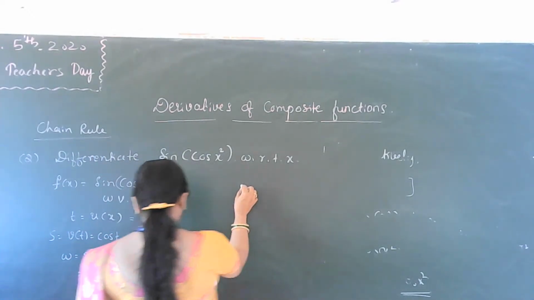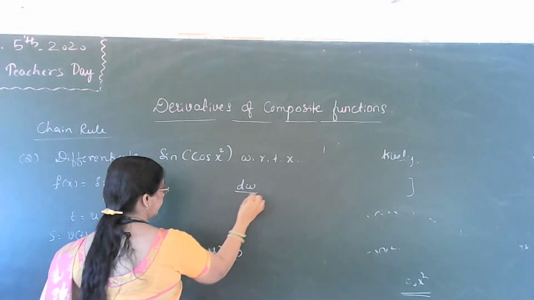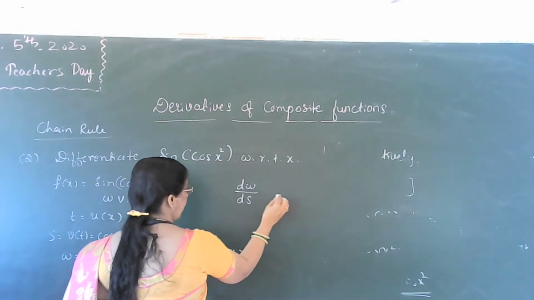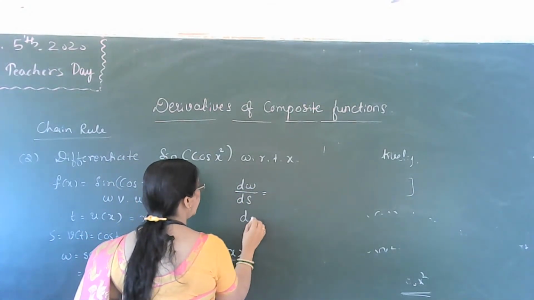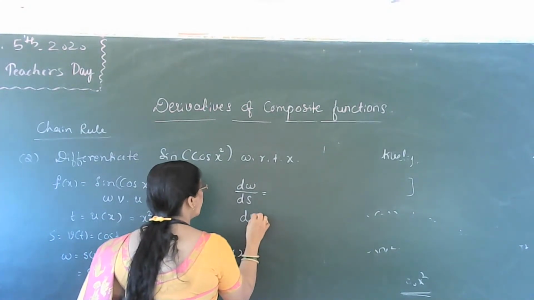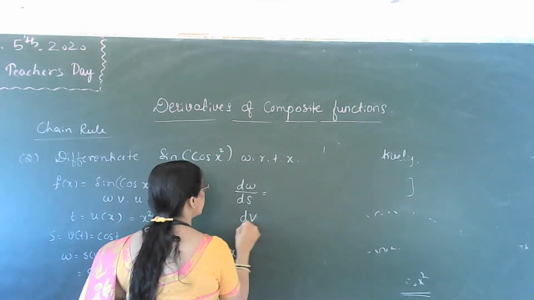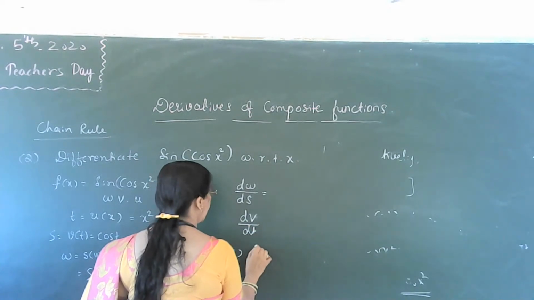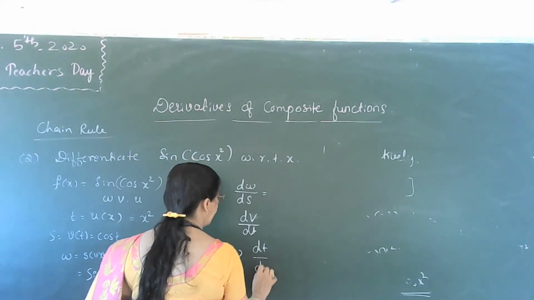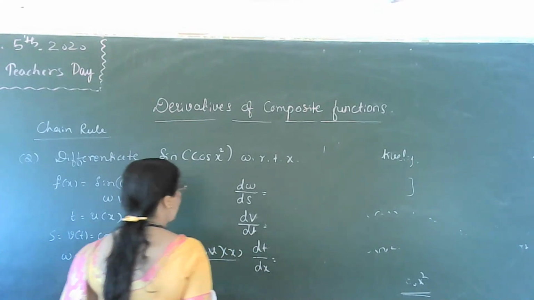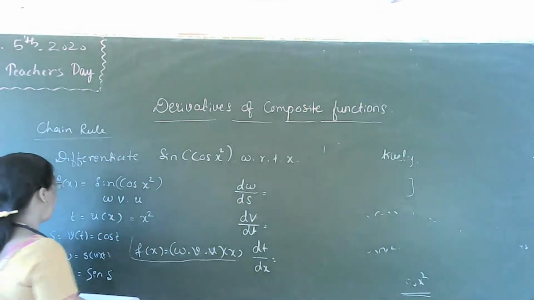Therefore, finding the derivative of the functions dw by ds and ds by dt and dt by dx, we check whether all exist or not.